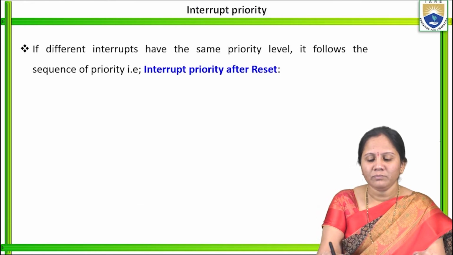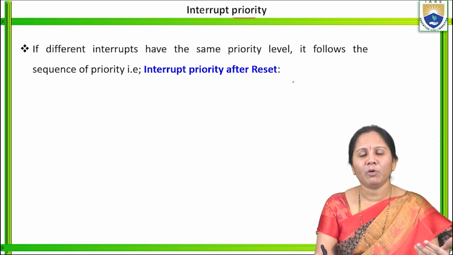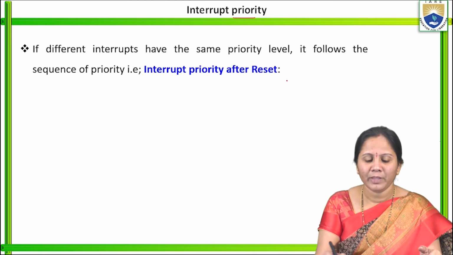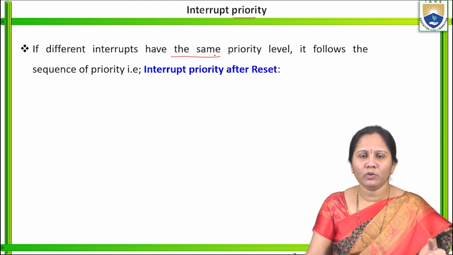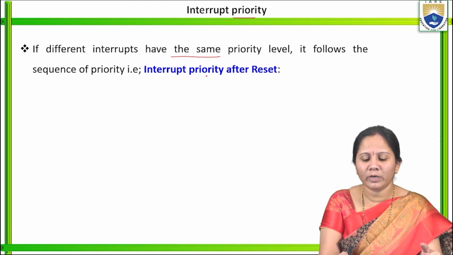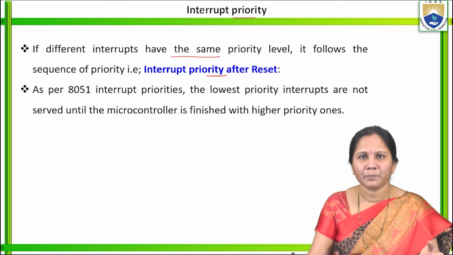Now, how to set the interrupt priority if a number of interrupts have the same priority level? If different interrupts have the same priority level, it follows the sequence of priority by interrupt priority after reset.